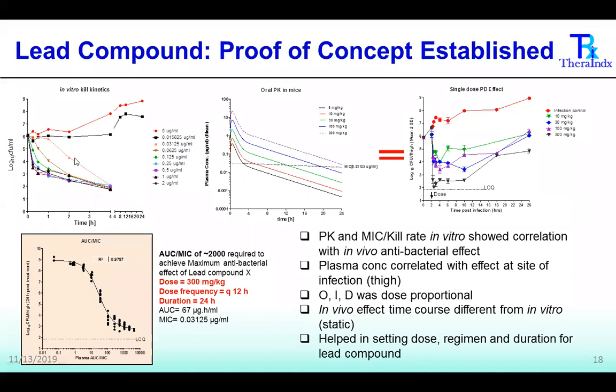Remember the point I made on concentrations being constant in vitro assays and variable in vivo assays. So one has to keep this in mind when you design efficacy experiments. And the single dose PD effect, that is the onset, intensity, and duration, helped us to set the dose, regimen, and duration for the lead compound.